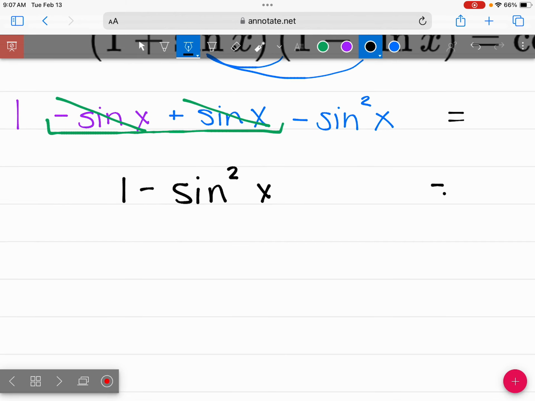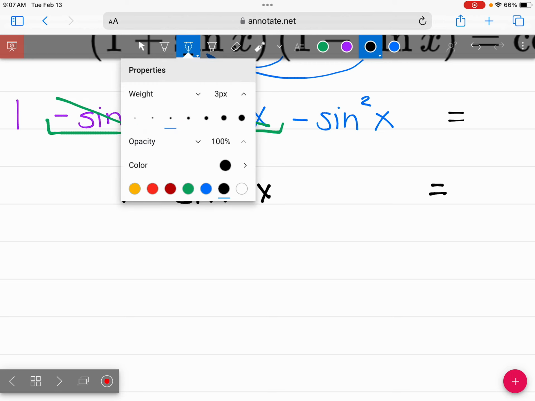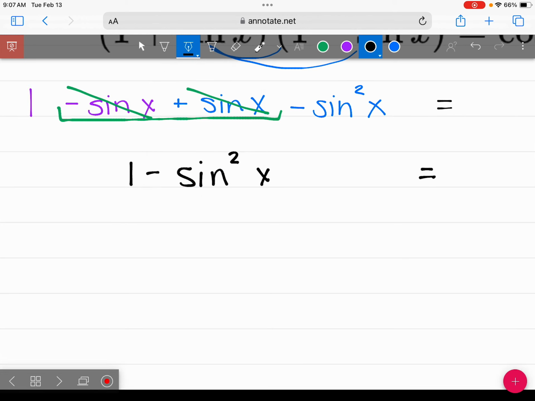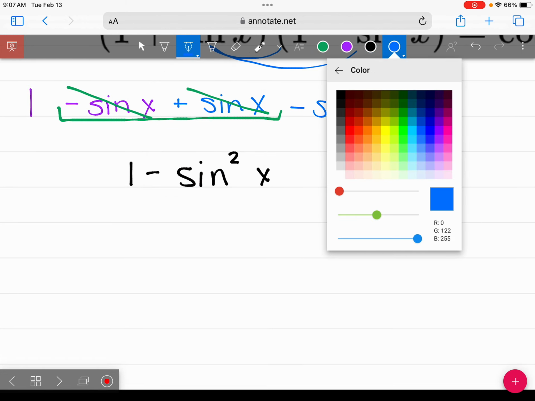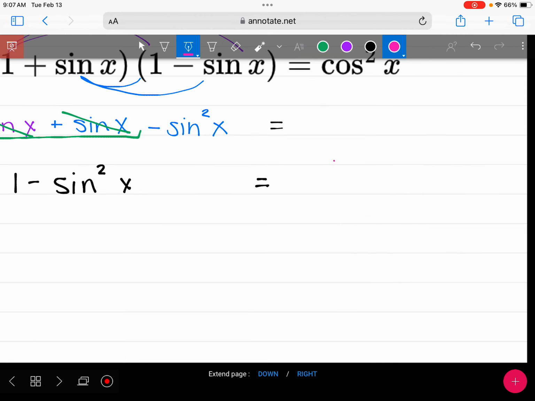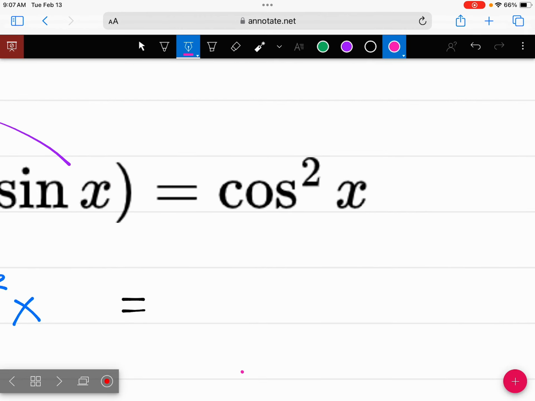Oh, that's way chunkier. I don't know if I like that. I'm going to go back. Let's get it done. And here's where we're having our first trig identity of the day. I'm going to put it up at the top: sine squared plus cosine squared equals 1.